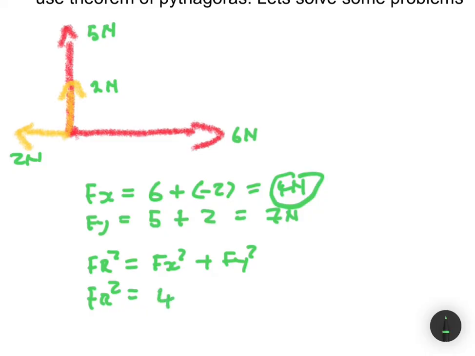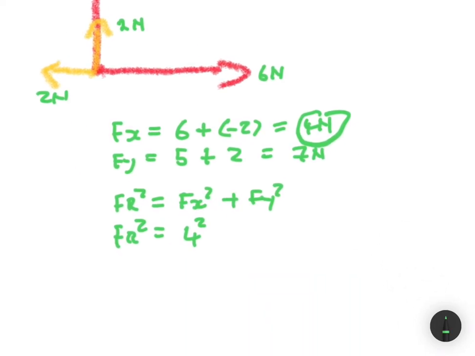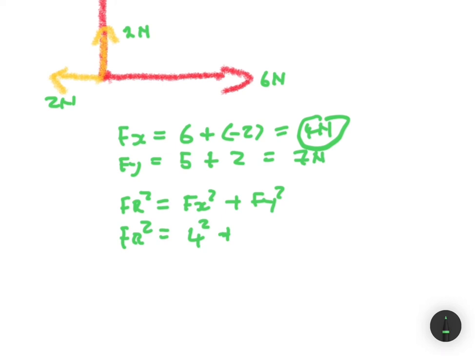So we're going to have 4 squared plus the resultant along the y, which is 7 newtons, right? So we square that. At this step, I don't want you to do anything else. Let's take square roots on both sides immediately. So we're going to take a square root on this side, and then we're going to take a square root on this side, right?